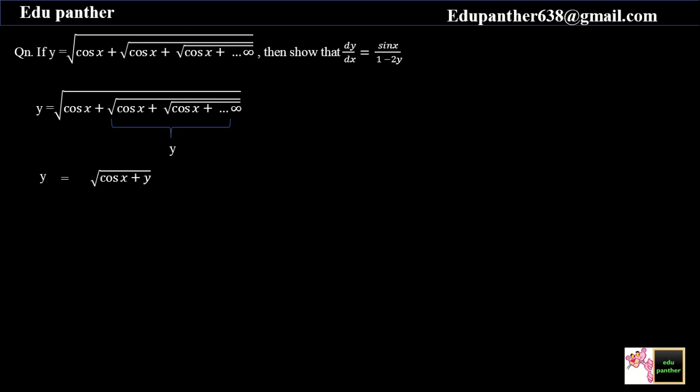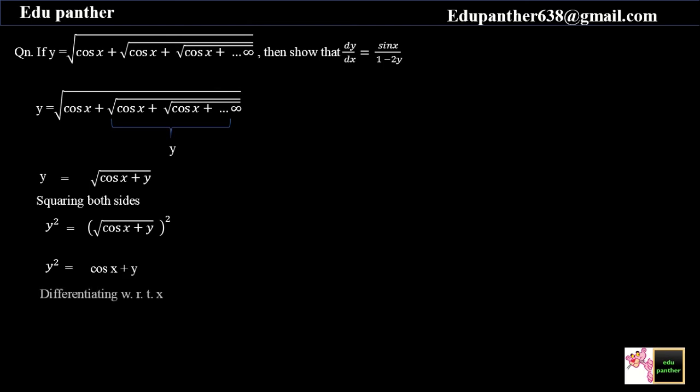I have to take the derivative, but before taking the derivative we should get rid of this square root, so that will simplify our process. To get rid of the square root we have to take the square. We will get y square as cos x plus y, whole square root removed, which gives us y square as cos x plus y. Next we will start with differentiation.